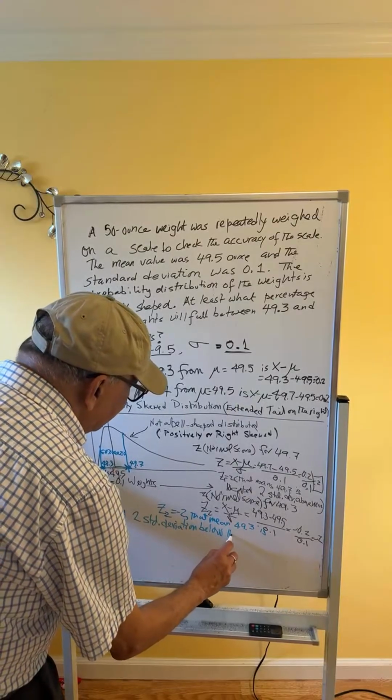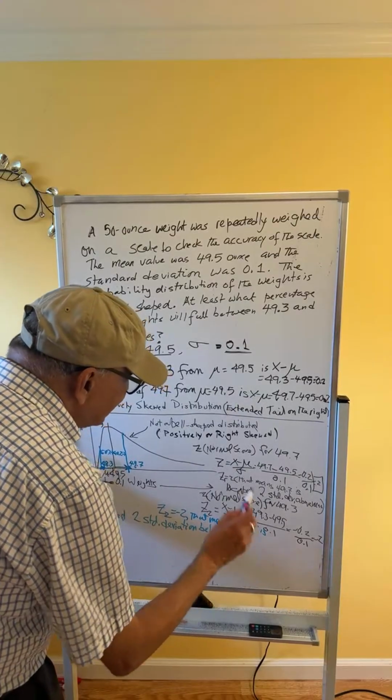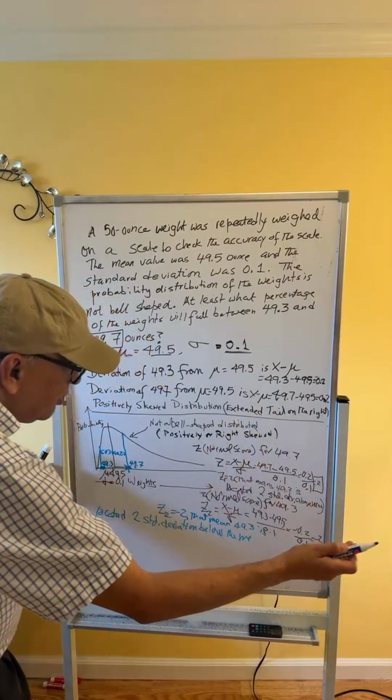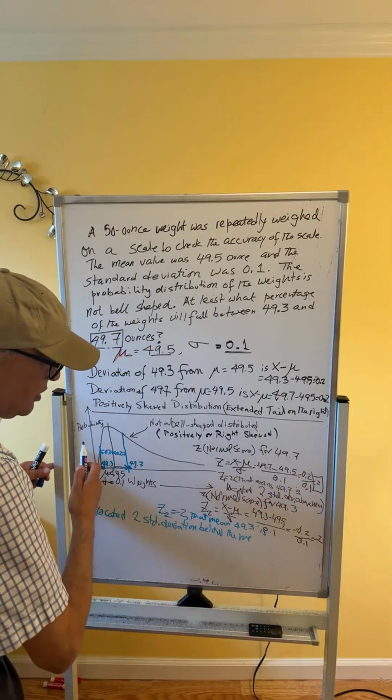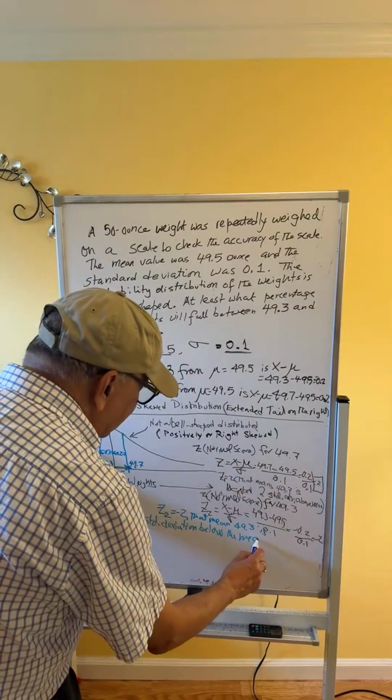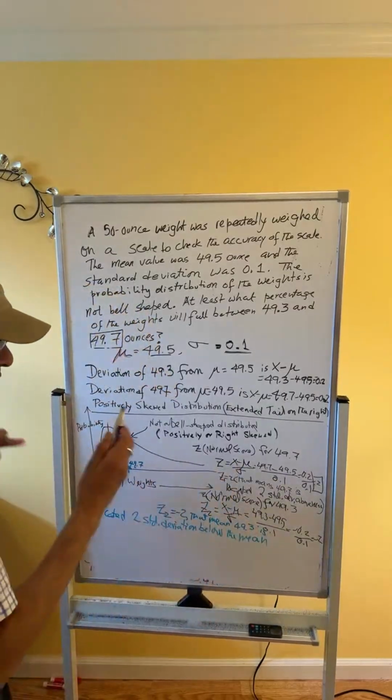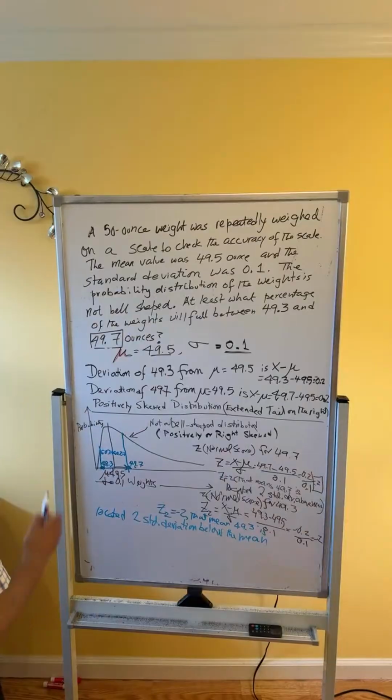So both of them are located twice the standard deviation from the mean: one is 2 standard deviations above the mean on the right, one is 2 standard deviations below the mean on the left. The distance from the mean is the same, 2 times the standard deviation.